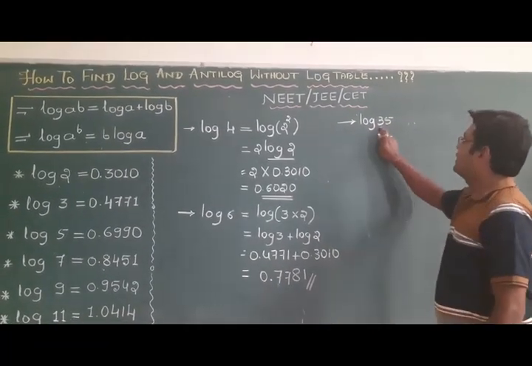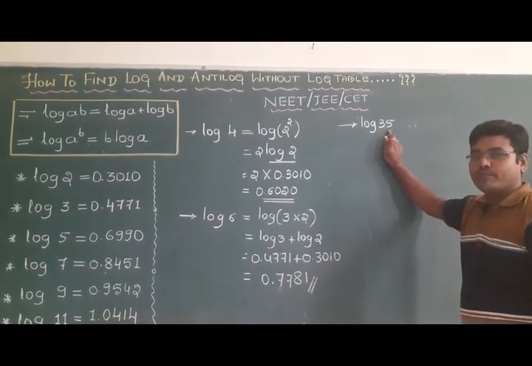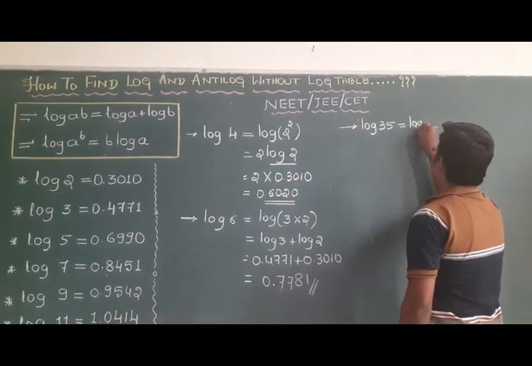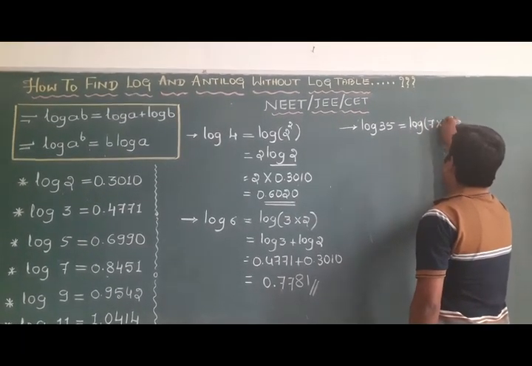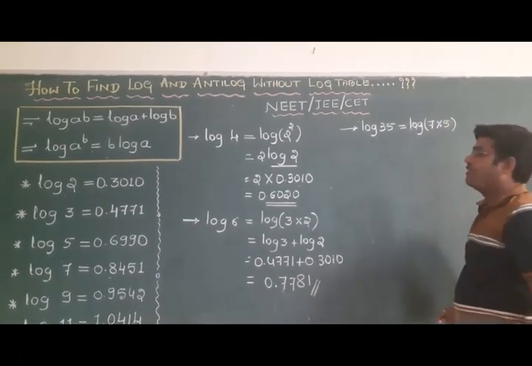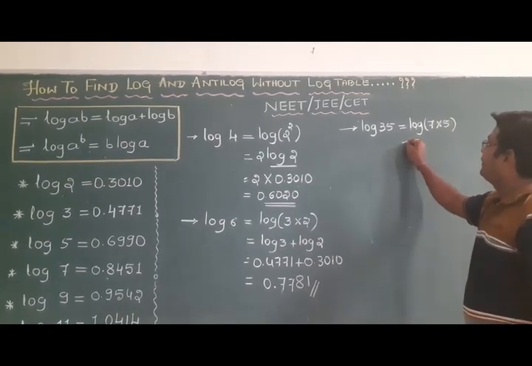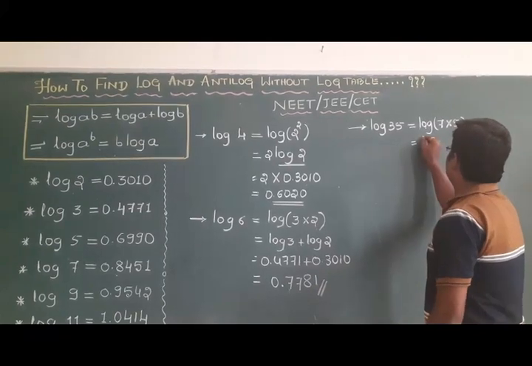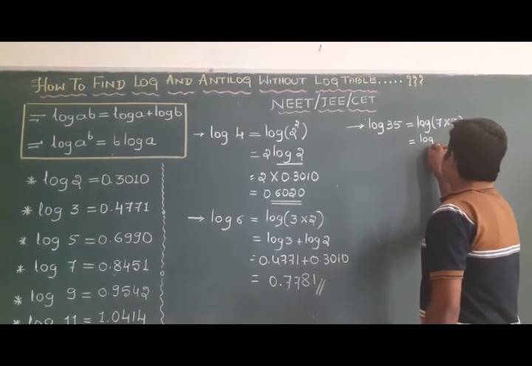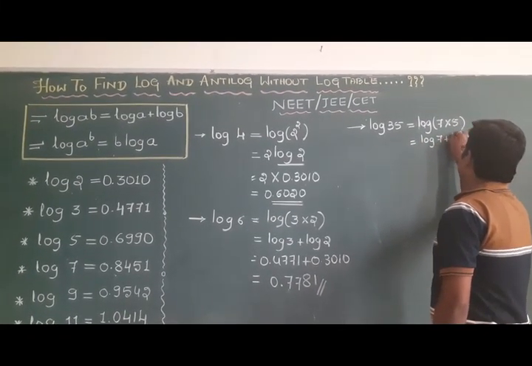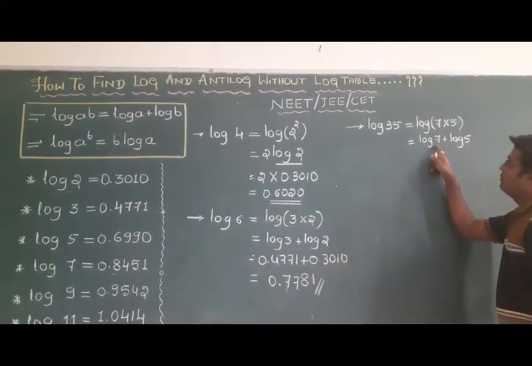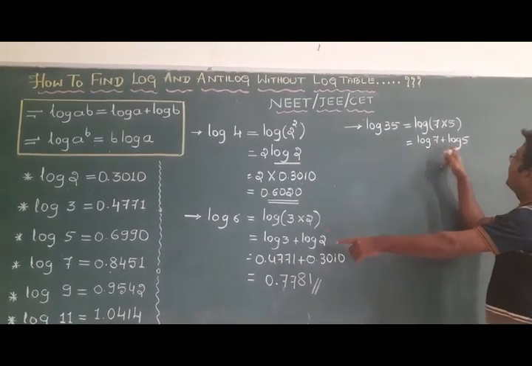Once again 35 is a 2-digit number. Instead of writing log 35, let us write log 7 into 5. 7 5s are 35. So log 7 into 5, in the form log a into b, is equal to log 7 plus log 5. Already you know the values of log 7 and log 5.